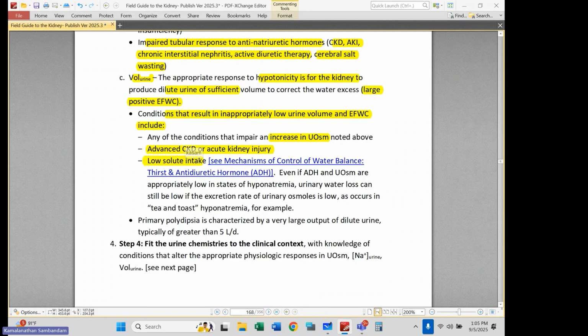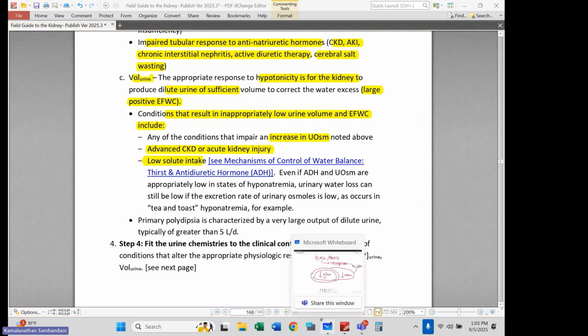Low solute intake is the other main cause of low urine volume in a patient who is hypotonic, okay? Even if you have a relatively dilute urine, low solute intake would contract the amount of water I can eliminate.